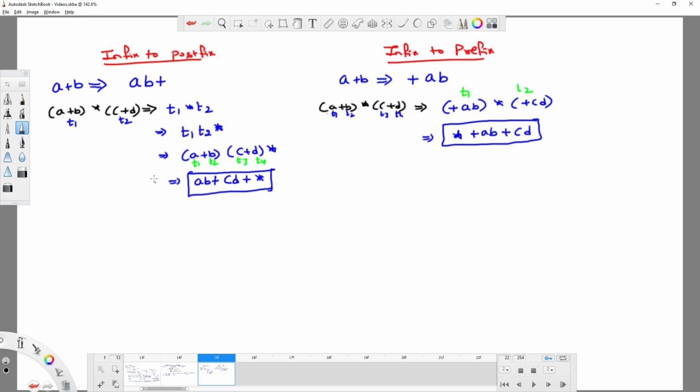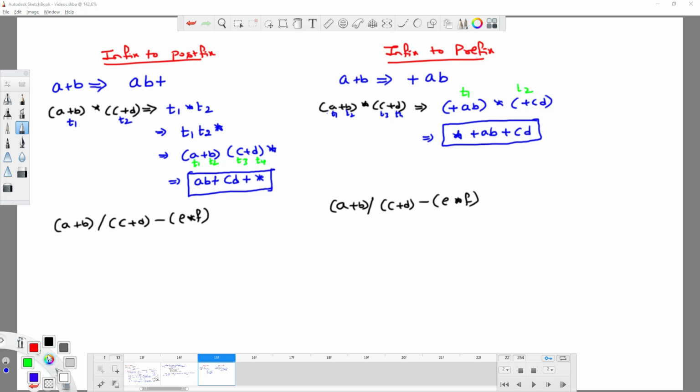Let me take one more expression. Let's say a plus b by c plus d minus e star f. I am noting it down, so try to pause the video and solve it by yourself. Are you able to solve it? Just cross-check.